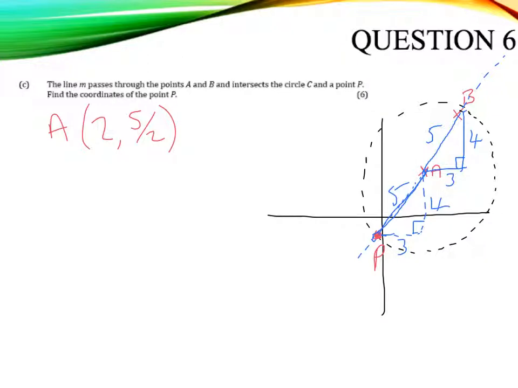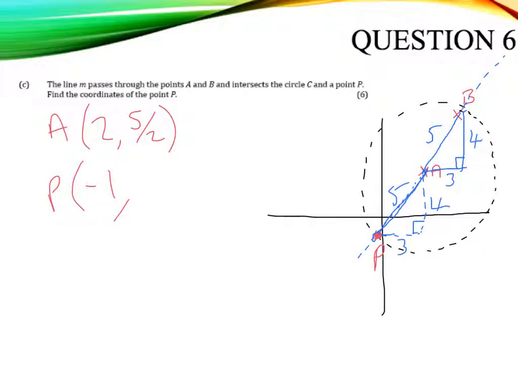So our point P is going to be 3 less, which is minus 1. And our B down to A was 4. So A down to P is also going to be 4 less.